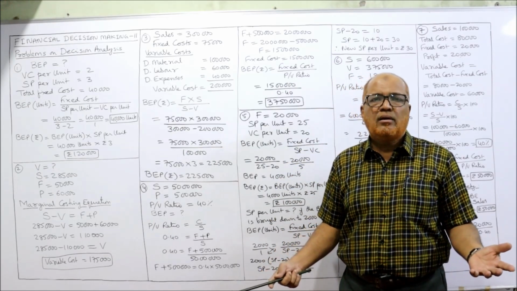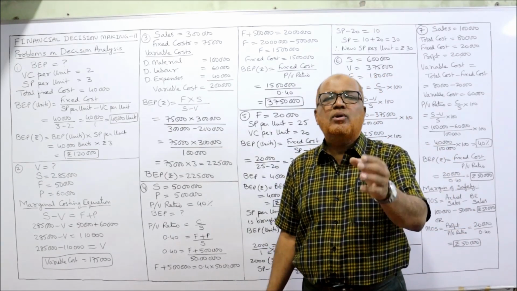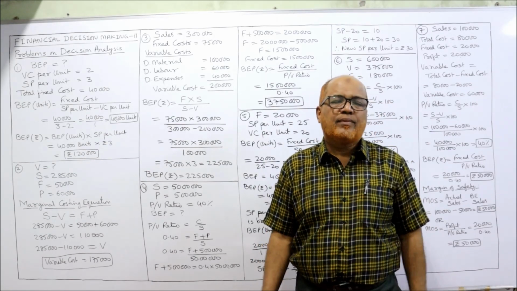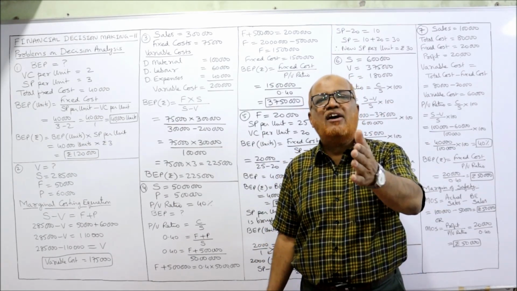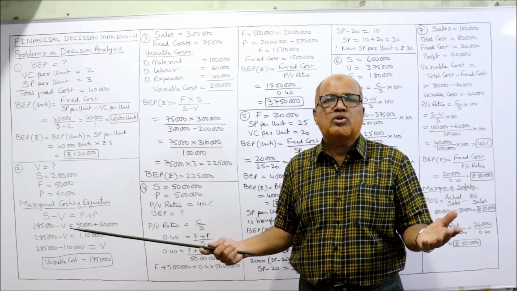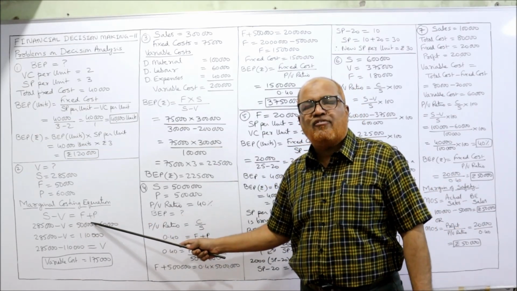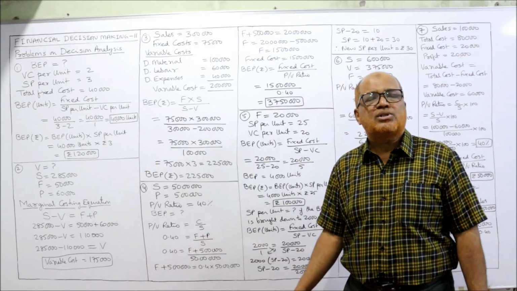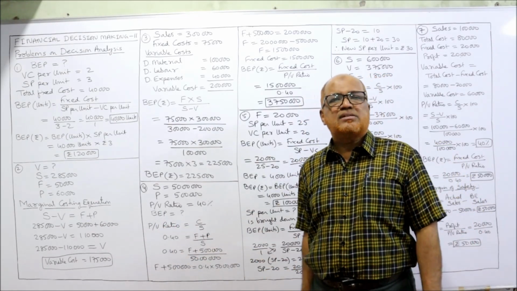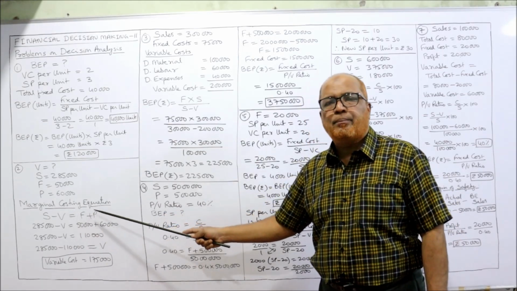Both are equal. That means we can say the contribution as S minus V, or we can say the contribution as F plus P. Both are contribution. So we can make an equation S minus V is equal to F plus P. This is called the marginal costing equation. In this, 4 variables are there: S, V, F, P.